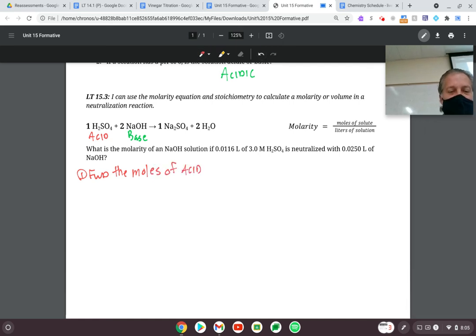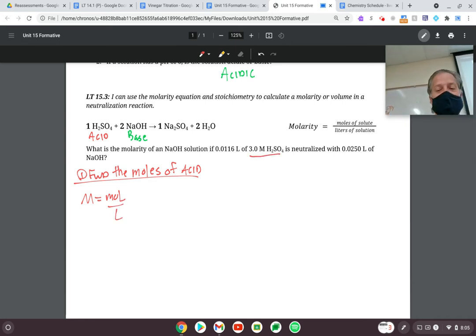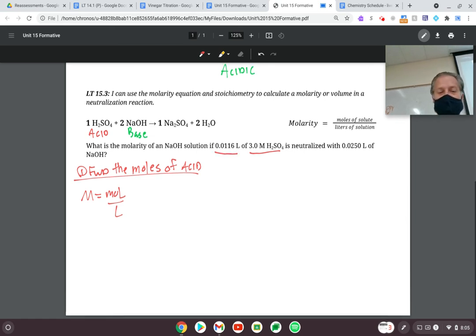And I'm going to do that by using the molarity formula, right? So if molarity is equal to moles over liters, in this case, we know that the molarity of the acid is 3 molar, and we know that the volume of the acid is 0.0116 liters.